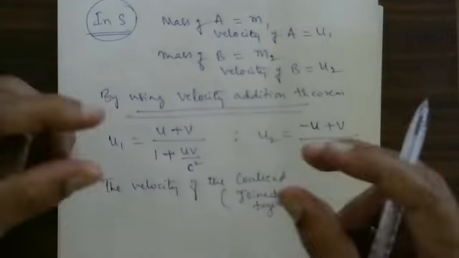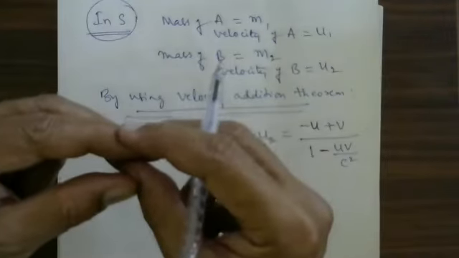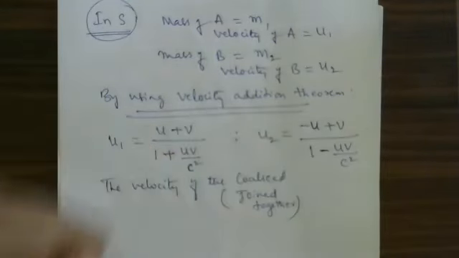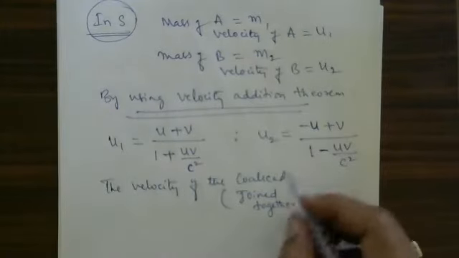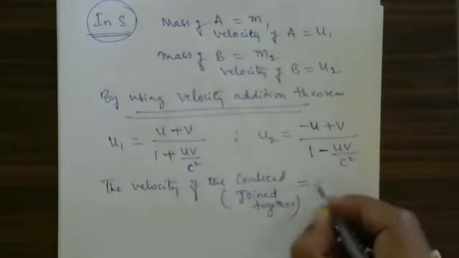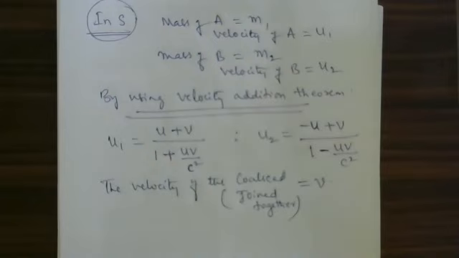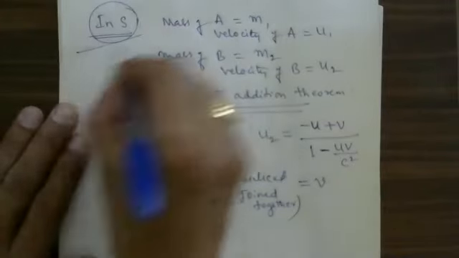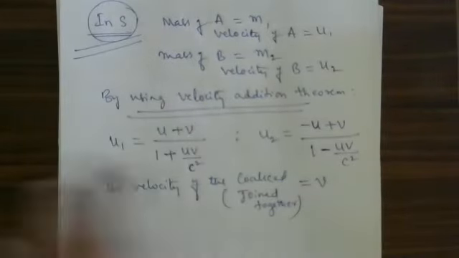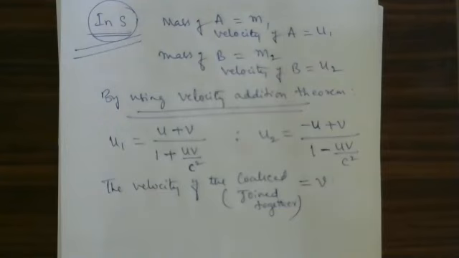If the two bodies are moving and colliding, once they collide they become only one body. They join together. That body's velocity I will take as V, in the frame S. All these things that I am writing are with respect to the frame S.